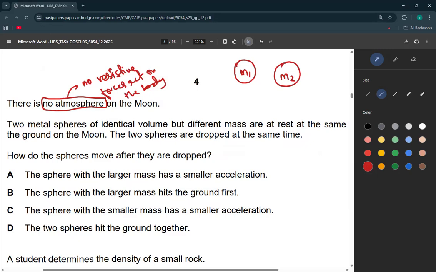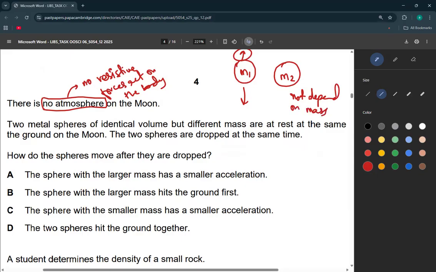So the resistive forces acting on a body, if the body is falling downwards, the resistive forces will act in the opposite direction. The resistive forces do not depend on mass. But what?